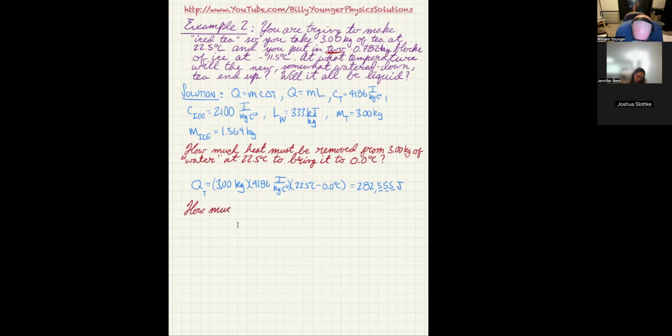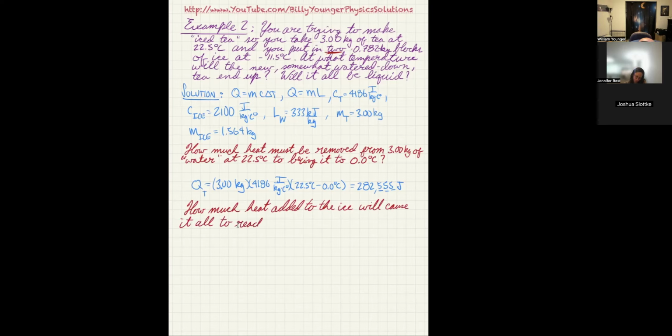How much heat added to the ice will cause it all to reach 0.0 degrees Celsius and all of it to melt?